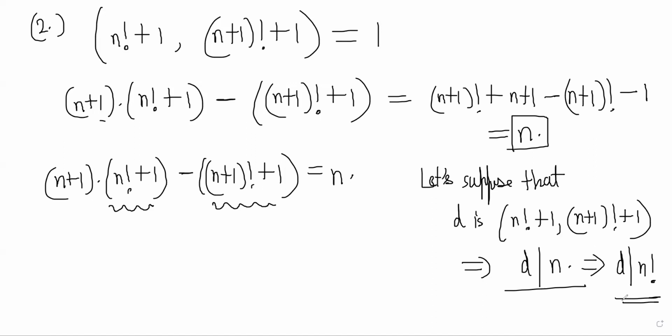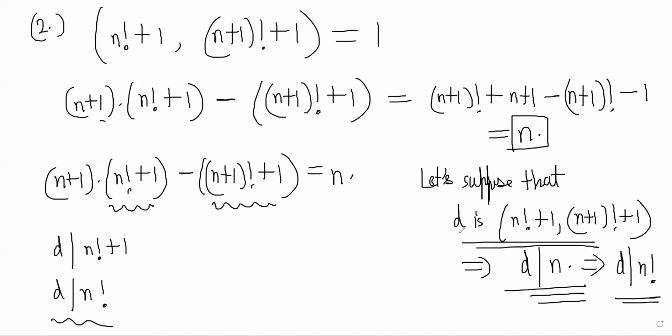We are getting d dividing n factorial, and here we already know that d divides n factorial plus 1, right? So we know two things now. d divides n factorial from here, and from our assumption that d is the GCD of this and this, we know d divides n factorial plus 1.